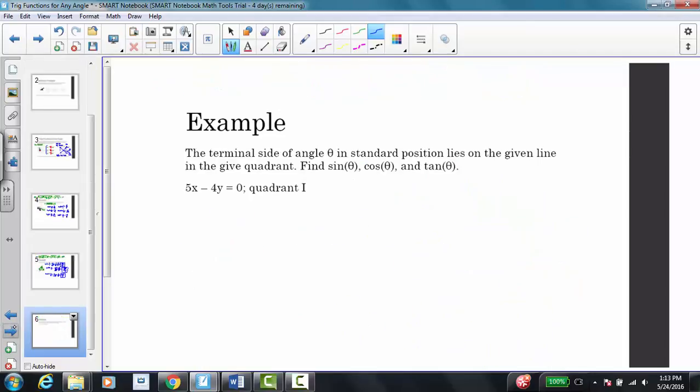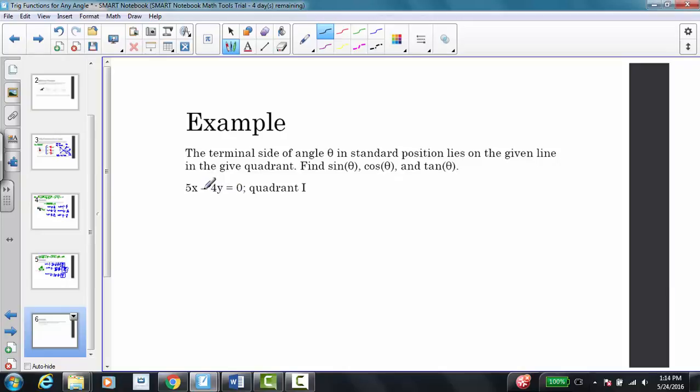All right, for our last example, we have the terminal side of an angle in standard position lies on the given line in the given quadrant. And we just want to find sine, cosine, and tangent of that angle. In this case, they give us a line 5x minus 4y equal to 0. But really in this form, it doesn't mean a whole lot to me.